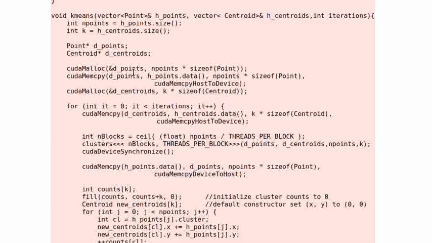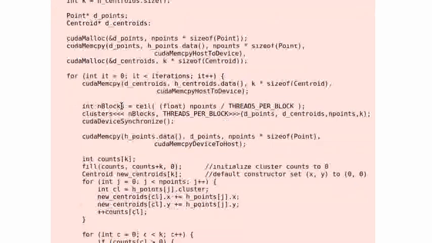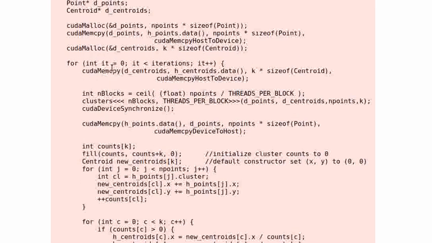We discussed this many times before, and then copy the data to d_points. And then we iterate iterations number of times. We call this function clusters to find the new centroids.